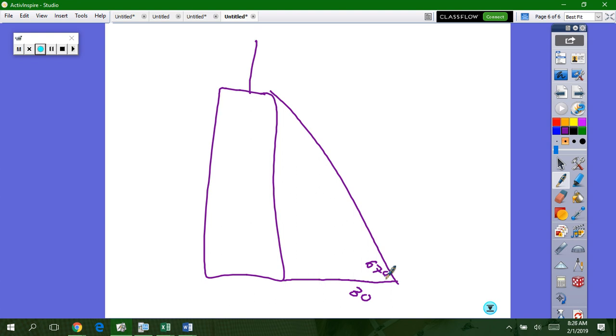Okay, and then I walk another 50 feet, and my angle of elevation to the top of the radio tower is 53 degrees. What is the height of just the radio tower? How would I do that? Just this part. All I want to know.